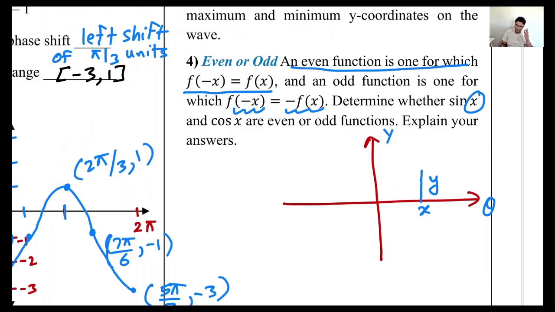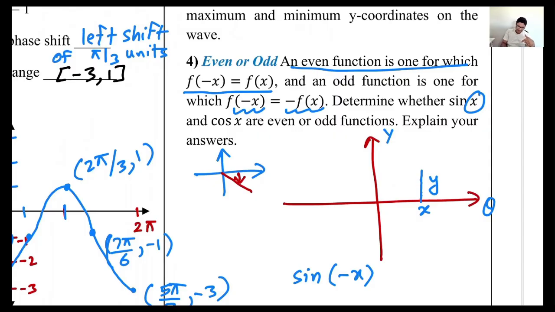if you try to evaluate sine of negative x, a negative angle, when you measure it, you can think of it as moving clockwise. So you will go to the fourth quadrant.